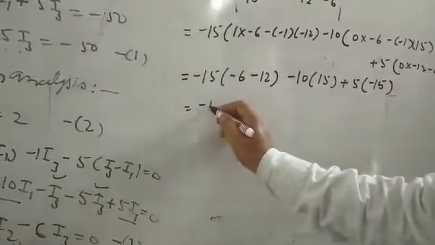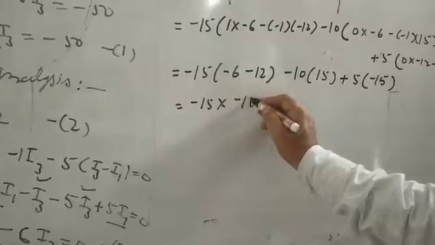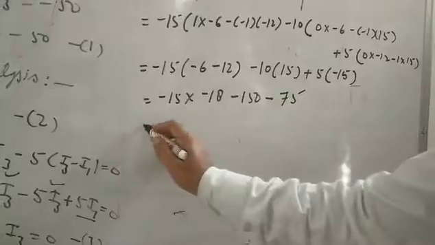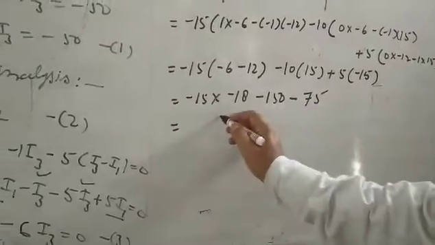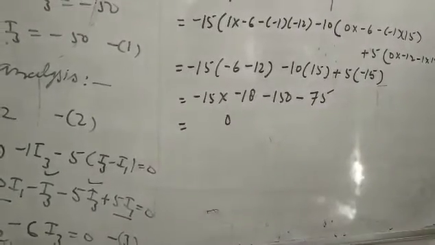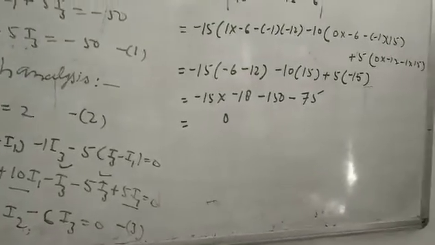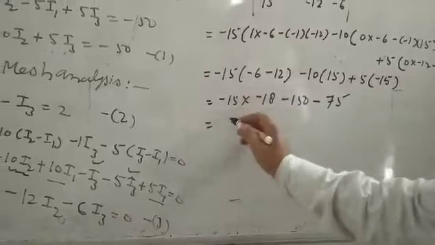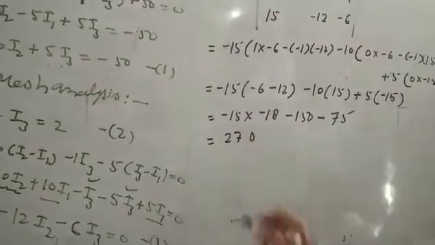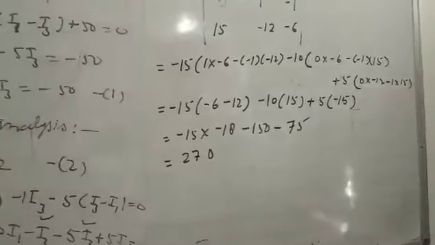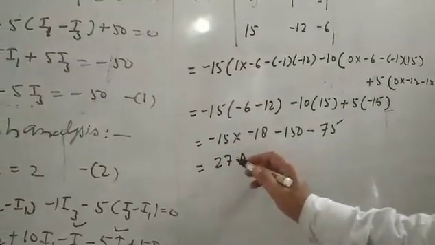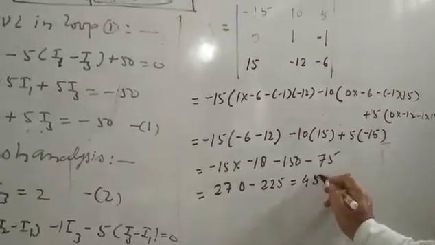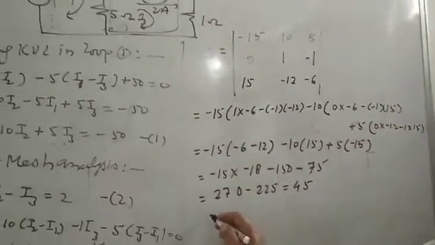This is equal to minus 15 into minus 18, minus 150, minus 75. 15 8 जा 120, 0 12 15 और 270. 15 8 जा 270 minus 225 is equal to 45, is the value of delta.